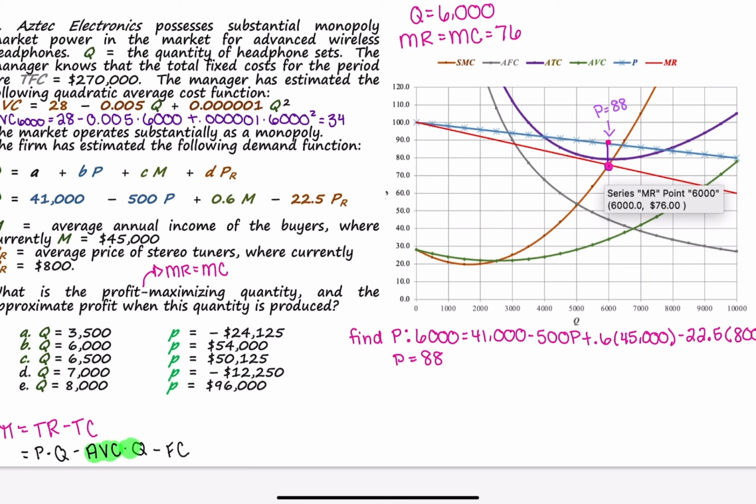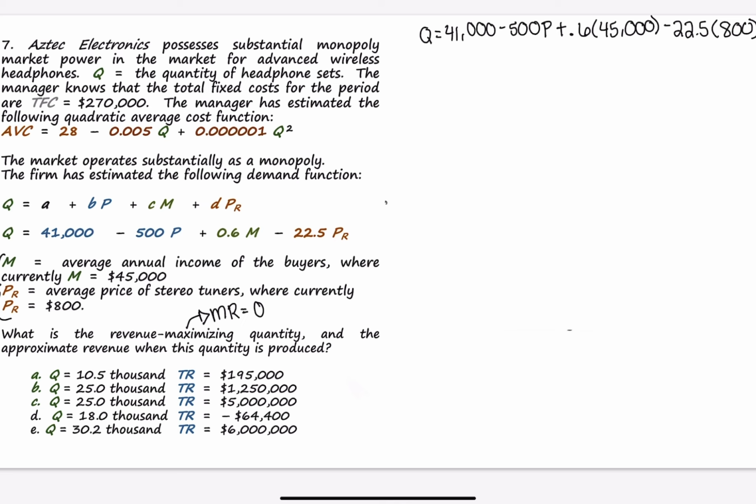So we know that our quantity is given to us by 41,000 minus 500P plus 0.6 times 45,000. And all of that is coming from substituting this information into this equation.